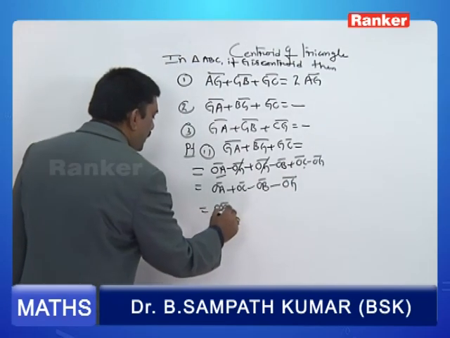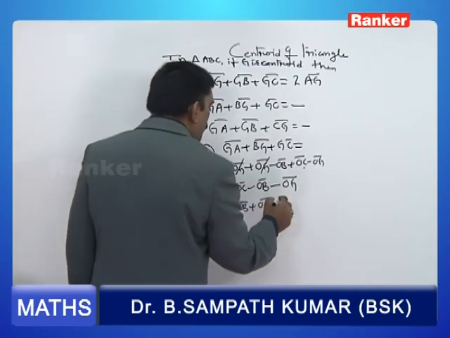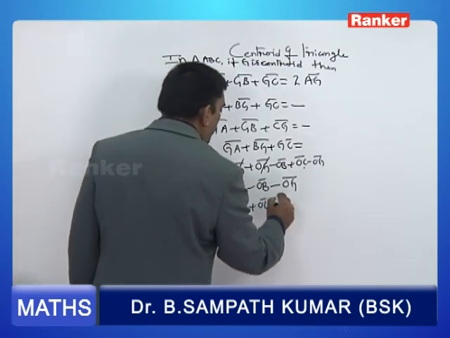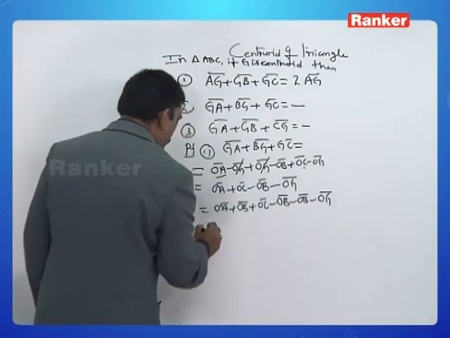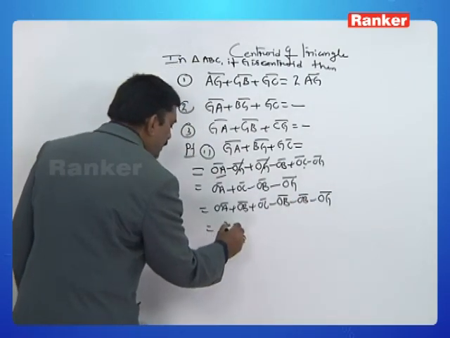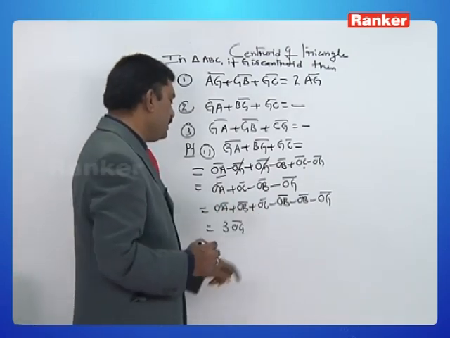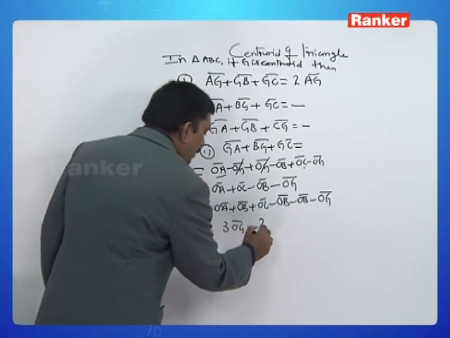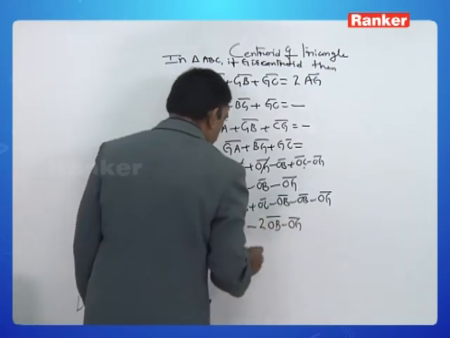Add and subtract OB plus OC. Already one OB is there, OB bar minus OB bar minus OZ bar. This is equal to 3 into what? OZ bar. As you know already, OA bar plus OB bar plus OC bar is equal to 3 into OZ bar.